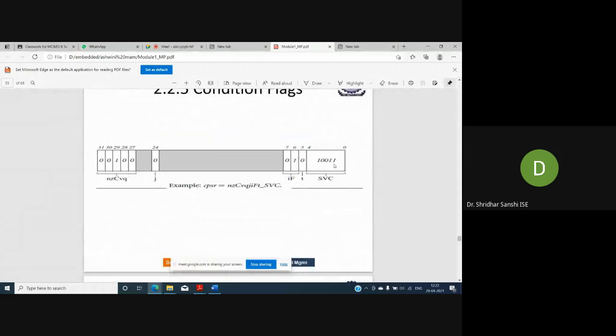Supervisor mode, and 0 means we are in the ARM instruction set. Okay, then what do you mean by this 0 and 1?